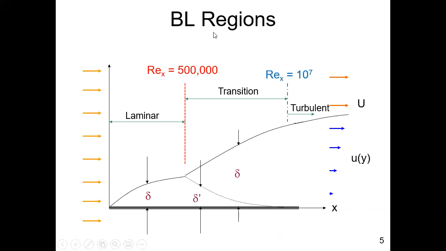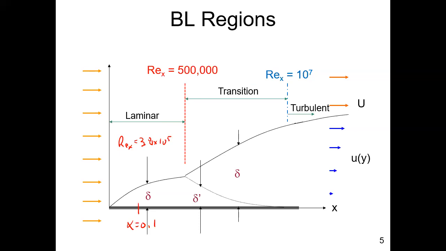There it is. So for the first one, at x equal to 0.1 meter, we got a value of 3.8 times 10 to the 5th. That's less than 500,000. It's laminar.